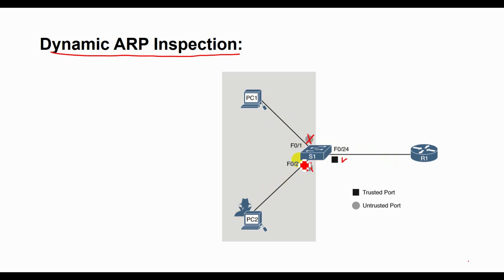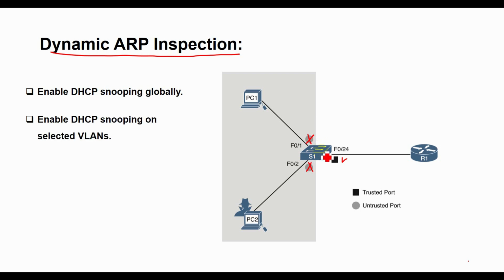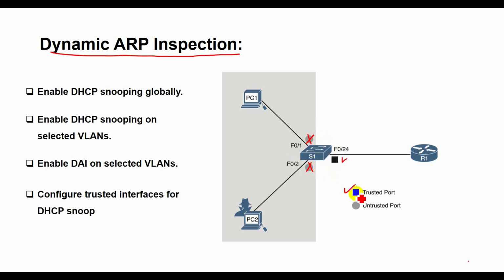To mitigate the chances of ARP spoofing and ARP poisoning, enable DHCP snooping globally. Also, enable DHCP snooping on selected VLANs. Enable DAI on selected VLANs. And also configure trusted interfaces for DHCP snooping and ARP inspection.